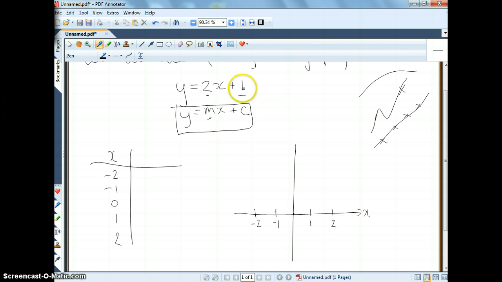Then we take our formula for y, and I'm going to use this as my example, and find out what y is equal to by substituting x into the equation. This should take you back to working with patterns, which was solving equations, which we did late last term.